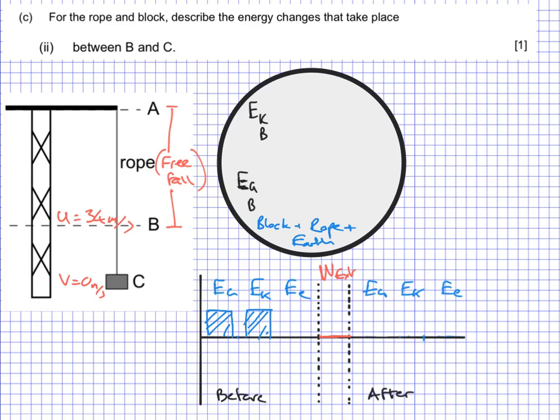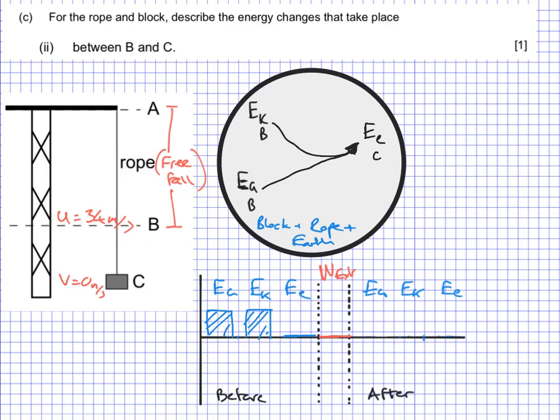Also at the beginning, because the rope is at position B, there is no elastic energy. That rope has not been stretched at this point. So there's an interaction now between the two energies. These energies are changing. There's a transfer happening, an energy change. And it means at position C, we're going to have an entirely new type of energy that we can talk about here, which is the elastic energy.